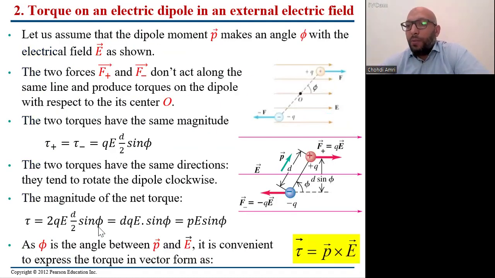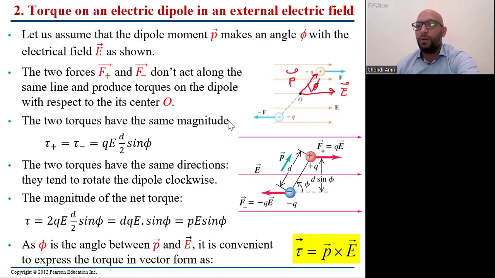Okay, now let's move to the torque. Let's assume that the dipole moment P makes an angle phi with the electric field E. This is our electric field E, and this is our dipole moment P, and this is our angle phi between the two vectors. The first charge exerts a torque, the second one exerts a torque also.